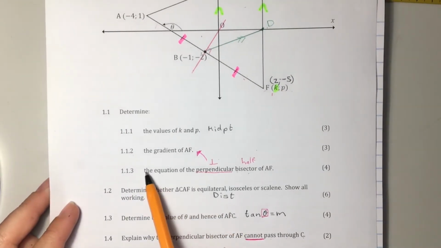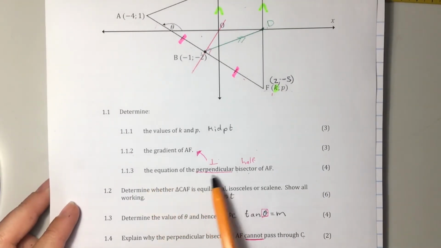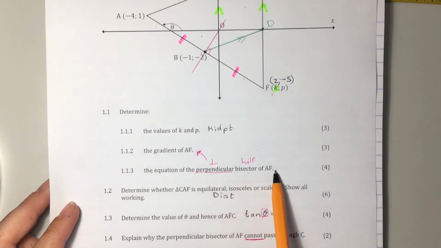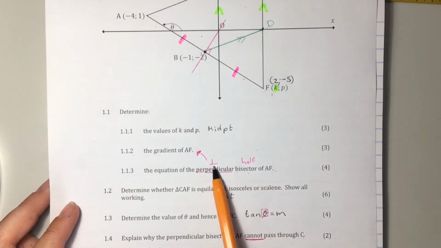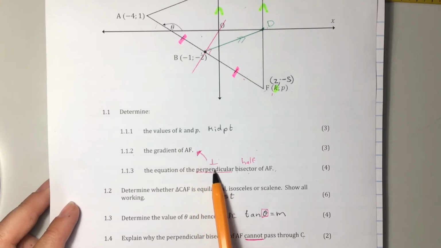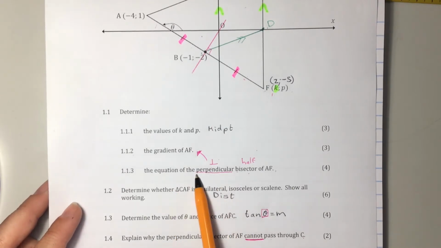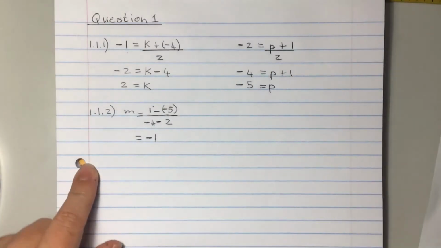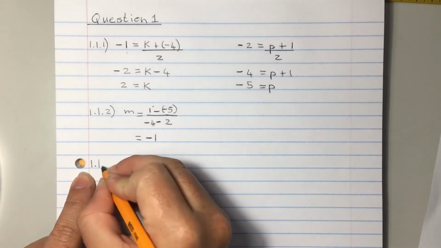1.1.3, we need to determine the equation of the perpendicular bisector of AF. And as we said before, if we've already got the gradient of AF, we can use the idea of being perpendicular to work out the gradient of our new line. So let's do that part first.